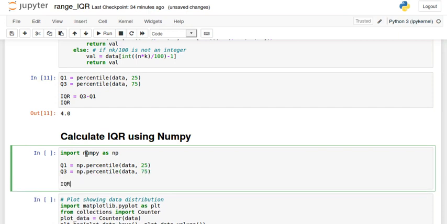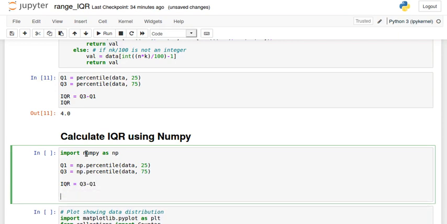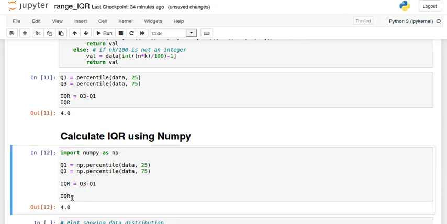And IQR will be quartile 3 minus quartile 1. So here also our interquartile range is 4.0.